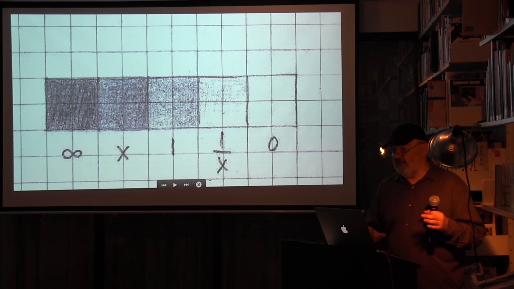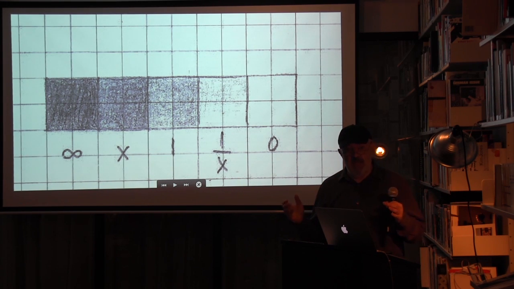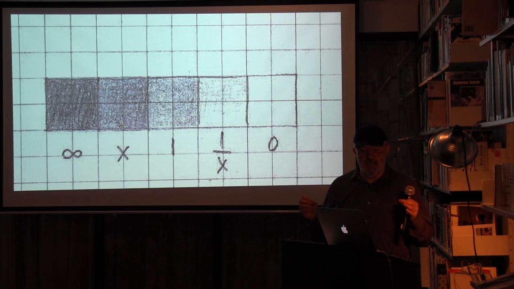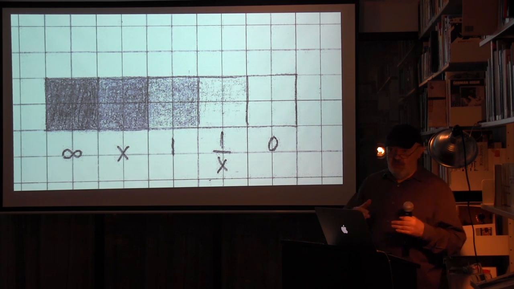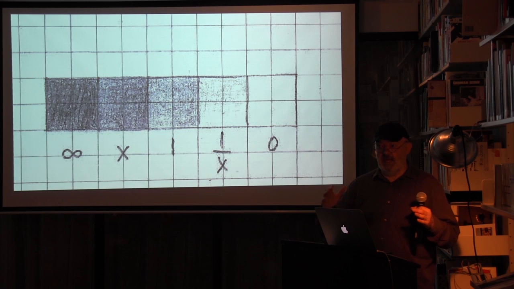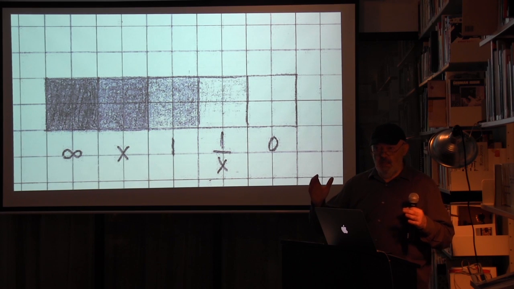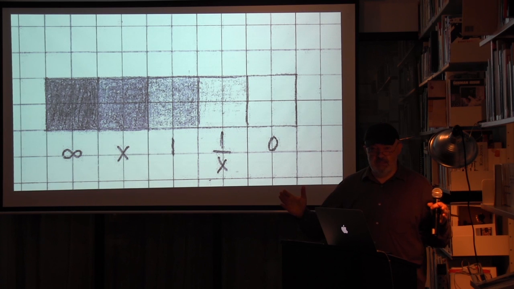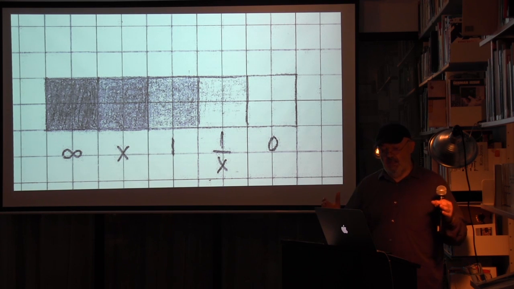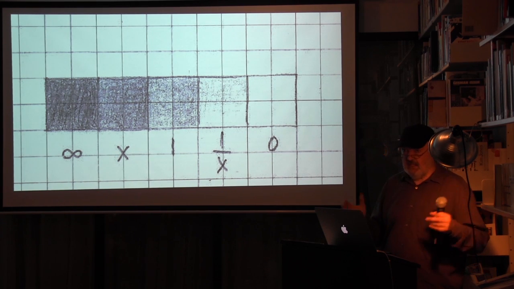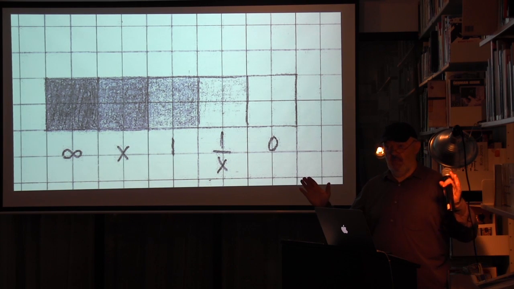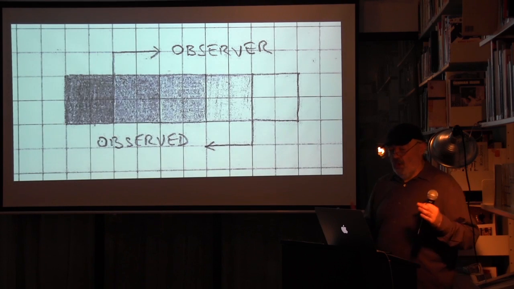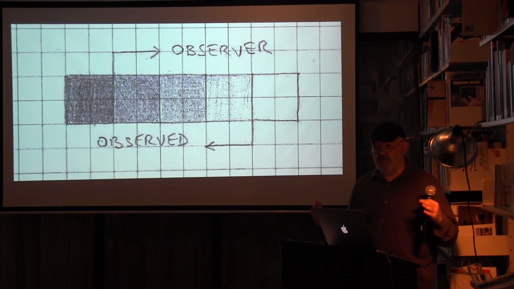On the other hand, dark gray is finite large, and black is infinite large. So that is one way, and you can apply it to different properties, like time, or distance. These quantifying elements. So the entire universe we can structure in these 5 elements. Or the relationship between observer and observed.